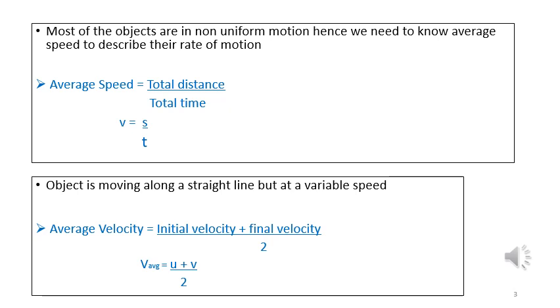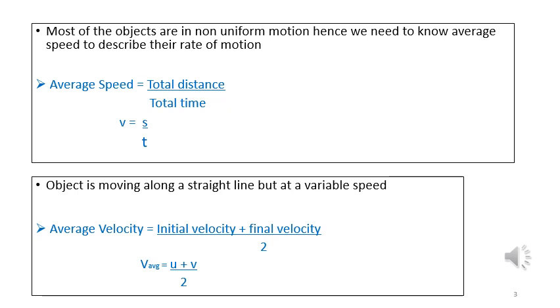Similarly, if we want to find out the average velocity for an object that is moving in a straight line but at variable speed, remember, velocity is related to displacement. We can also measure average velocity. To understand this scenario, let us first consider that an object is moving in a straight line, that is linear motion, but the speed changes.